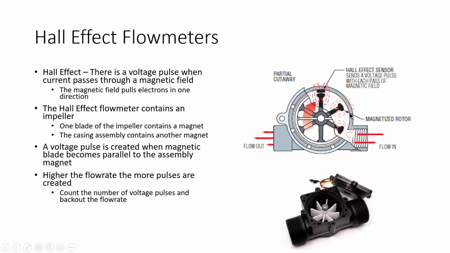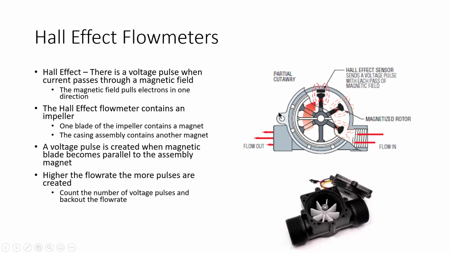So this blade has a magnetized rotor, and the casing assembly has another magnet associated with it. So when that rotor that has the magnet comes into contact with that magnetic assembly, it creates a voltage pulse, and then we use a microprocessor to measure or count that voltage pulse.